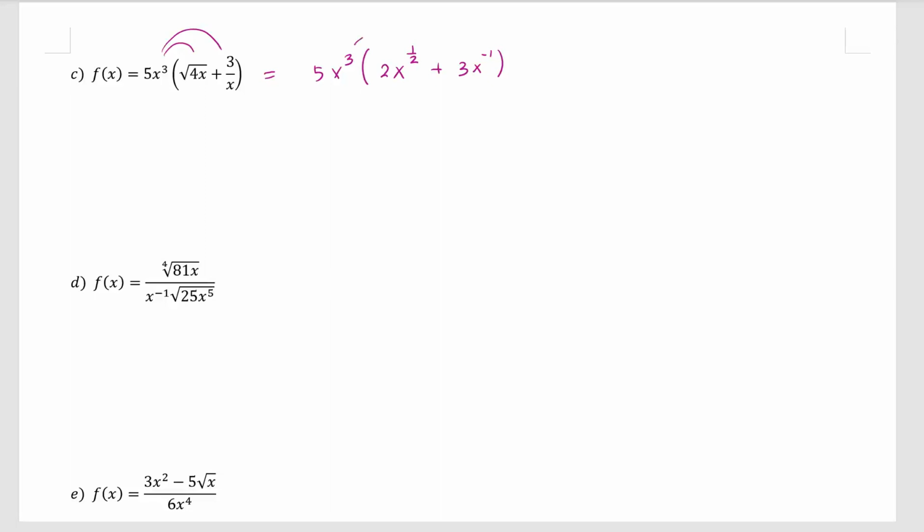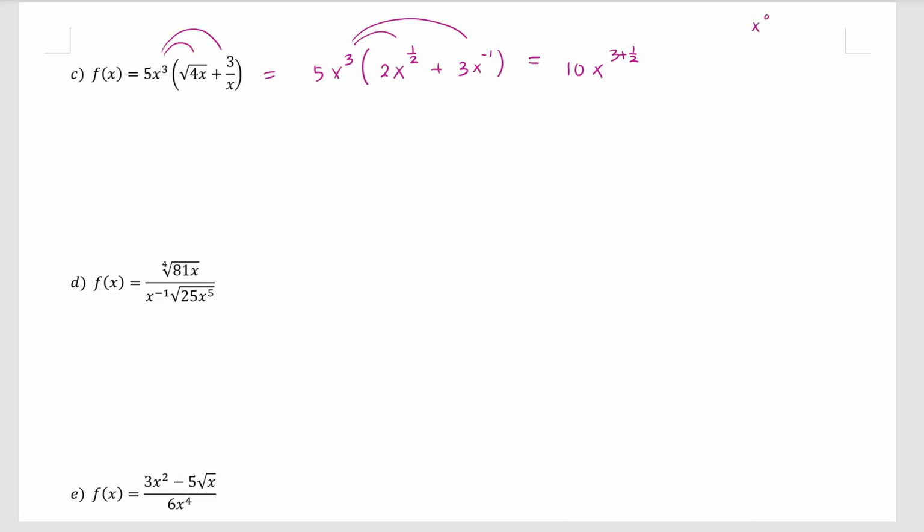Now we distribute. We have 5 times 2. When you multiply the terms, group the constant coefficients together, so 5 times 2 is 10. And group the powers of x together. What do you do to the powers? Do you multiply them, or do you add them? We add them, right?